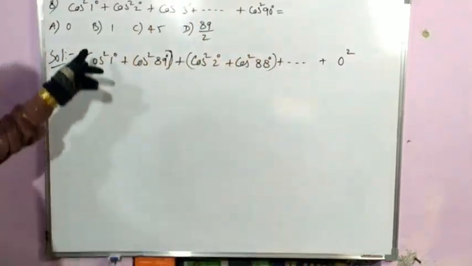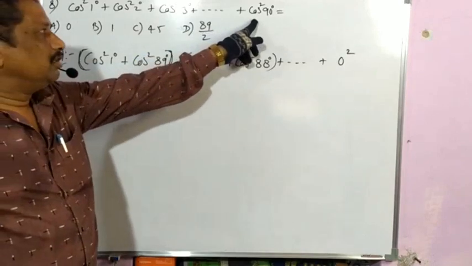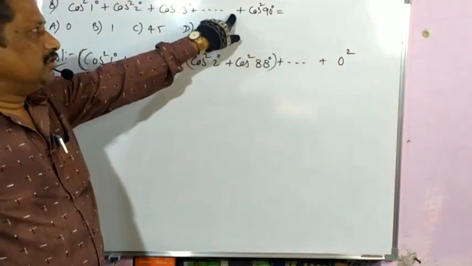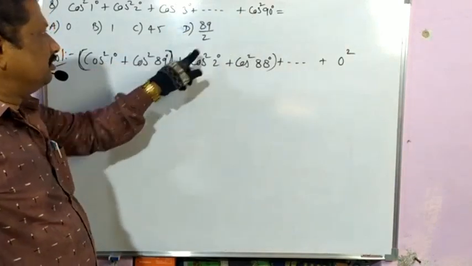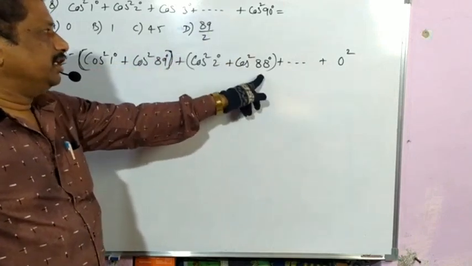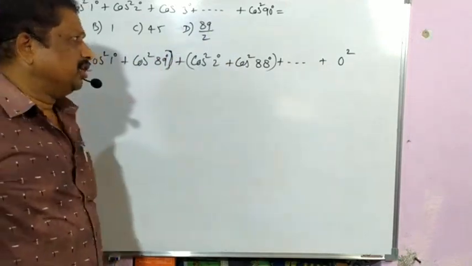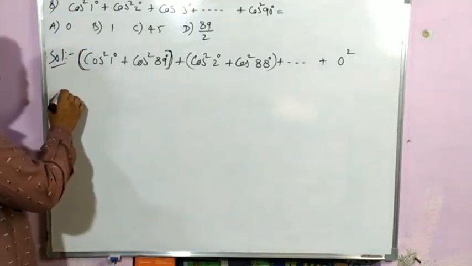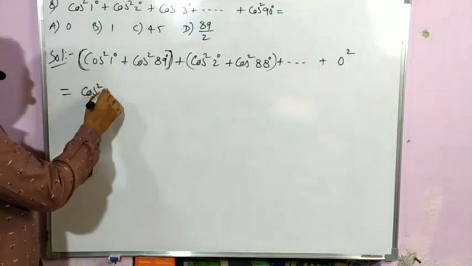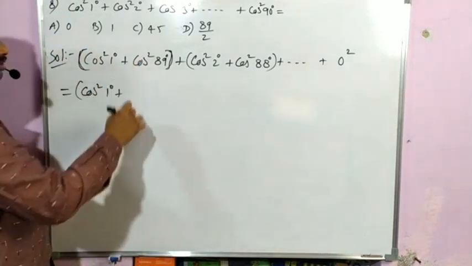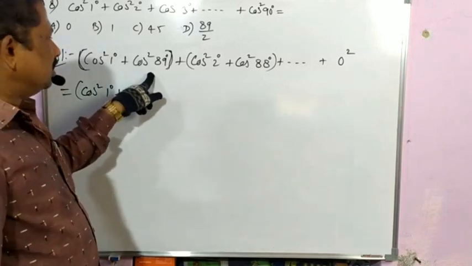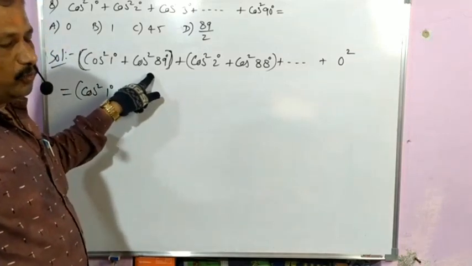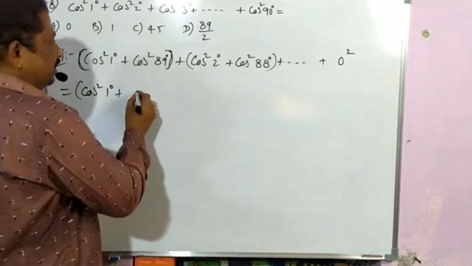Okay, clear? First I am writing cos square 1. Here, before 90 degrees, cos 89 degrees. Before that one, 88. With this combination I am going to write. Now cos square 1 degree. This I can write as cos of 90 minus 1.